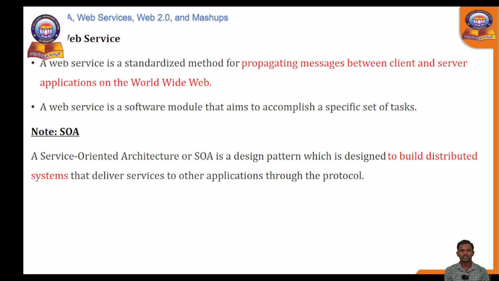A web service is a software module whose purpose is to accomplish a specific task. Next, coming to service oriented architecture. Service oriented architecture is a design pattern used to build distributed systems. These systems deliver services to other applications through a protocol.